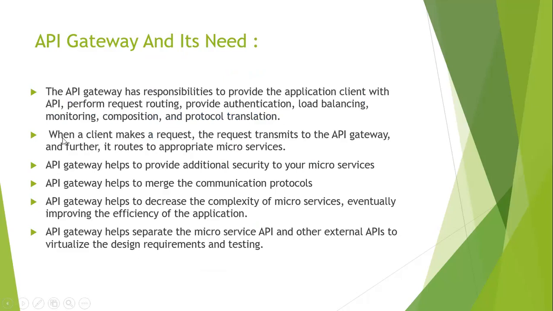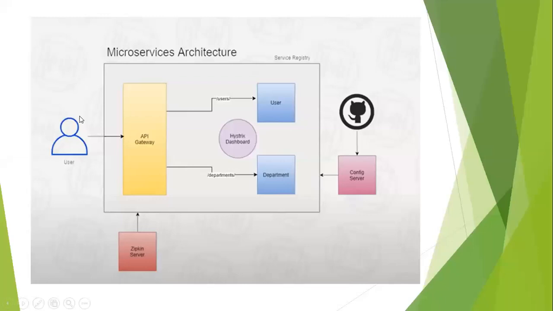The request transfers to the API gateway and further routes to the appropriate microservice. As I said, the user makes a request, and the API gateway will route the request to the particular microservice, as I explained in the microservices architecture. So now coming to the next point.